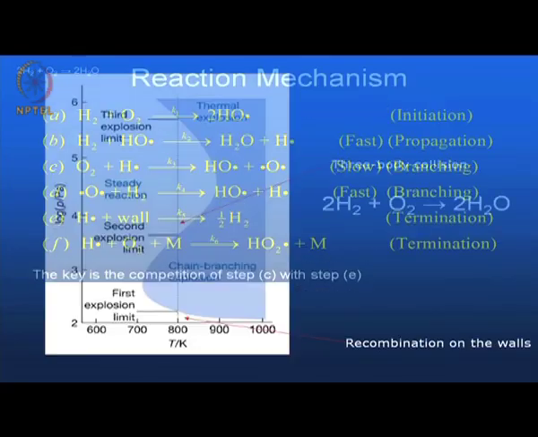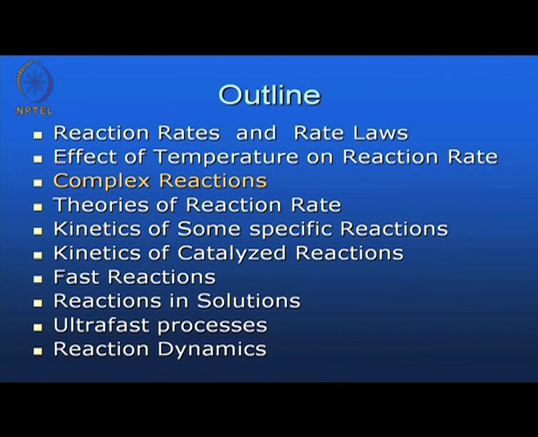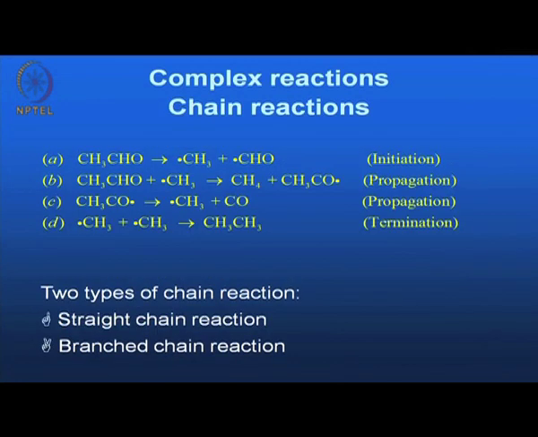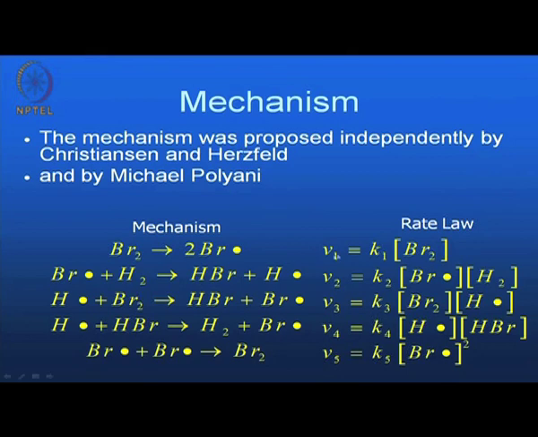So, what have we learned today in this lecture? Let us go back. It is a complex reaction. We started with types of complex chain reactions. We talked about chain reaction. Then we took the H2 plus Br2 reaction and why it is fractional order with respect to Br2, and explained it using this mechanism.